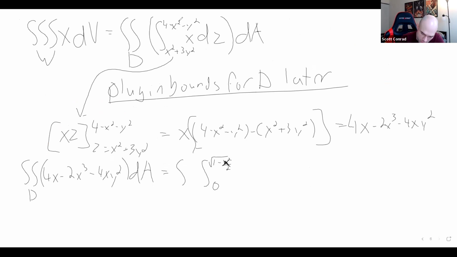So it's 4x minus 2x cubed minus 4xy squared, integrate with respect to y first, and then x goes from 0 to root 2.